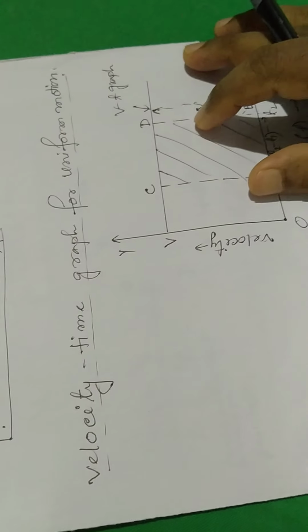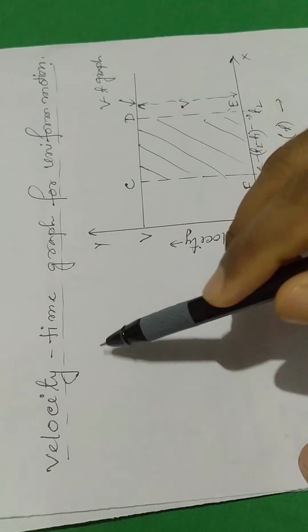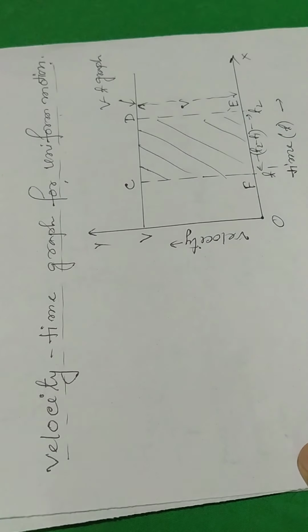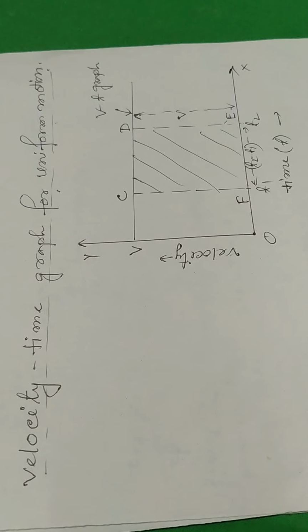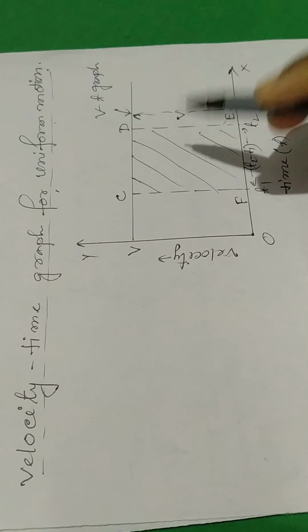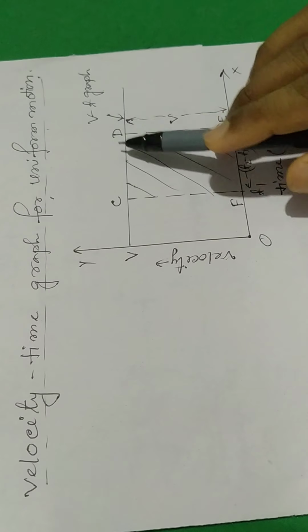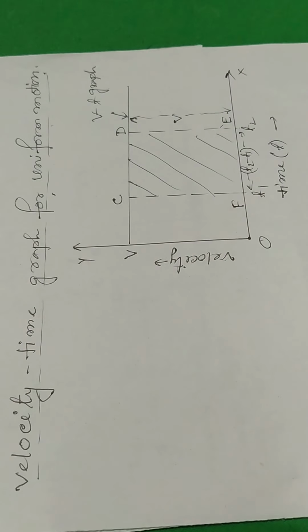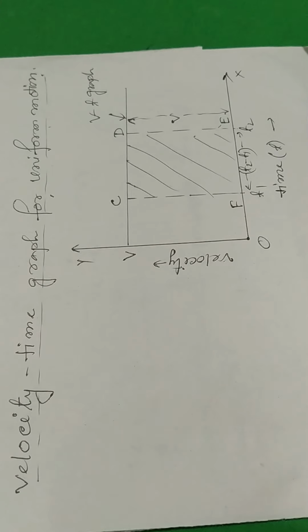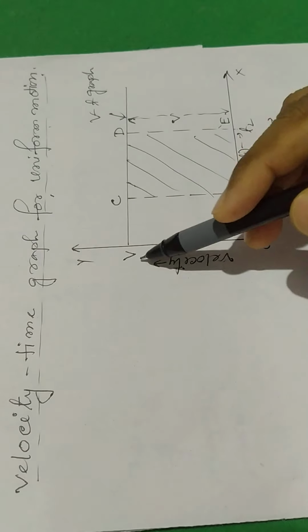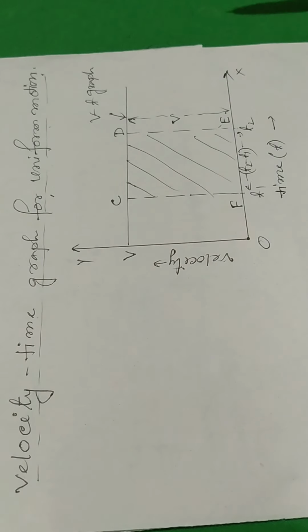Now I'll discuss the velocity-time graph for uniform motion. Since the motion is uniform, at any time the velocity remains constant: at 1 second velocity v, at 2 seconds velocity v, at 3 seconds velocity v.